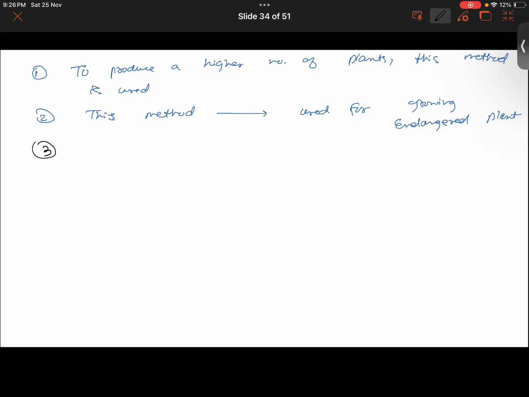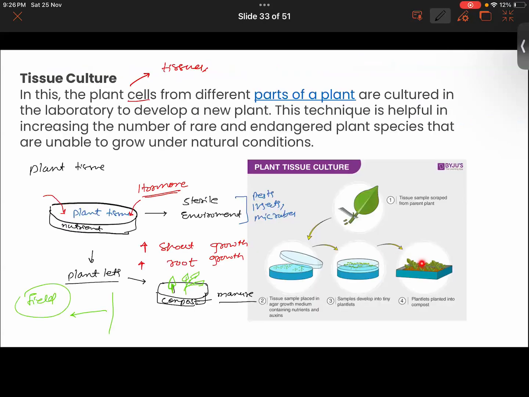Third thing, the plants that are growing now will be similar to the same parent. In what manner are they similar? Genetically similar, right? Yes, sir. So the plants are clones of their parent.